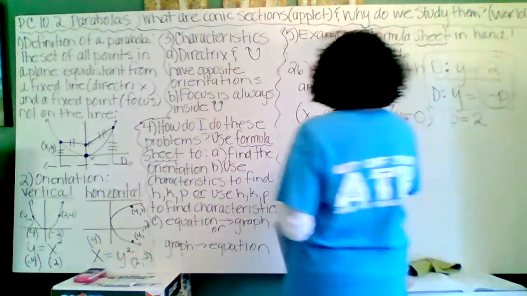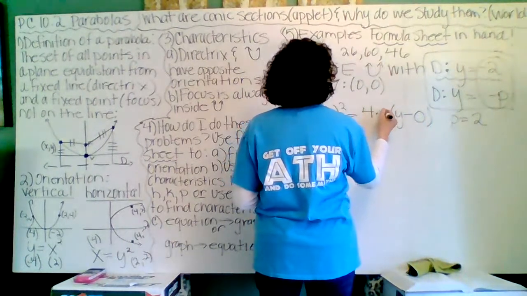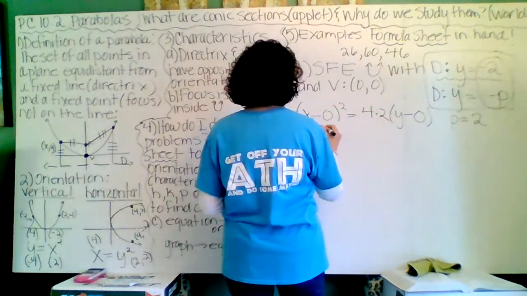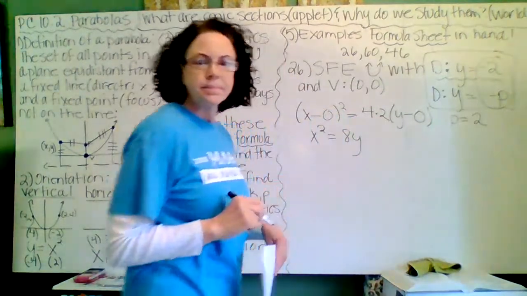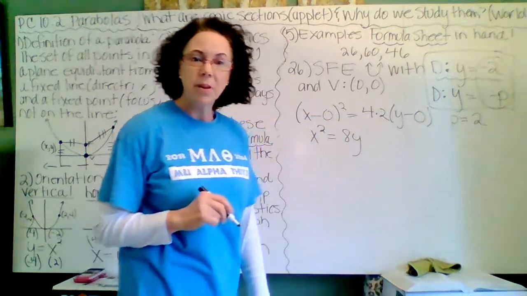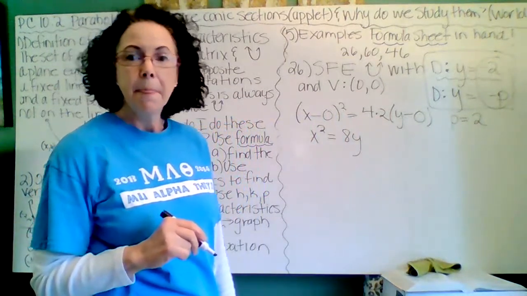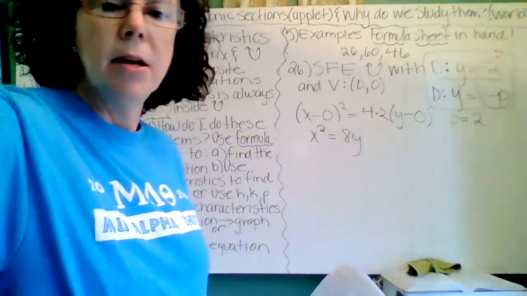And so I'm going to put a 2 in here for p, and I get x squared equals 8 times y. And there, I wrote the standard form of the equation of my parabola. Let's try number 60.